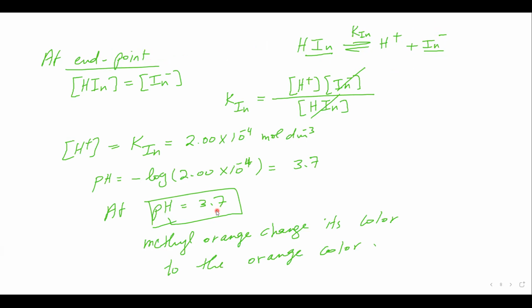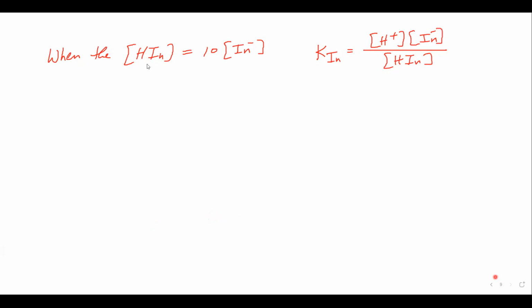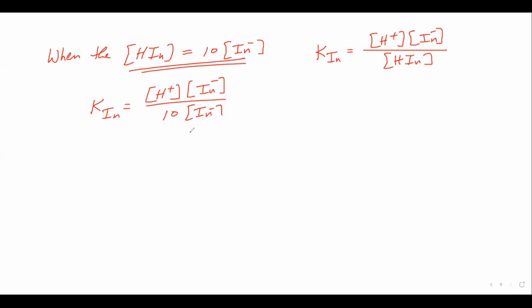Now, when it is in the acid medium, it is red. And in the acid medium, the concentration of HIN is equal to 10 times the IN negative; we are taking the extreme case. So this means that the K indicator will be equal to the H positive as it is and the IN negative as it is, but instead of HIN, I'm going to place 10 times the concentration of IN negative.